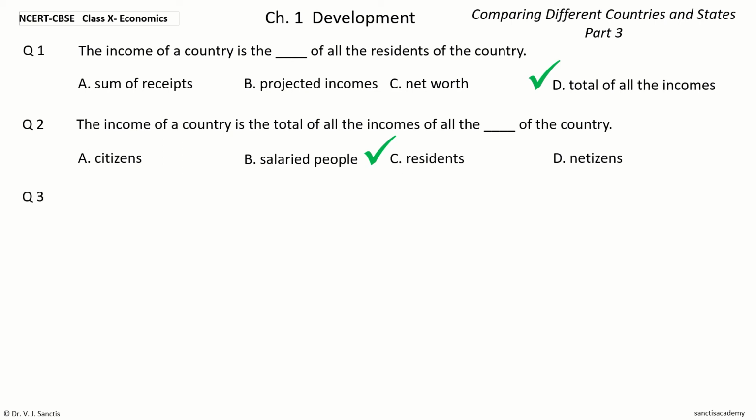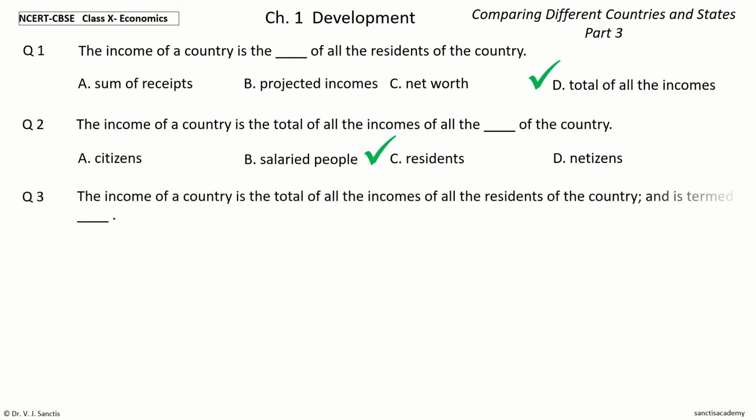Question 3. The income of a country is the total of all the incomes of all the residents of the country and is termed dash. The options are total income, net revenue, net income, total wealth.